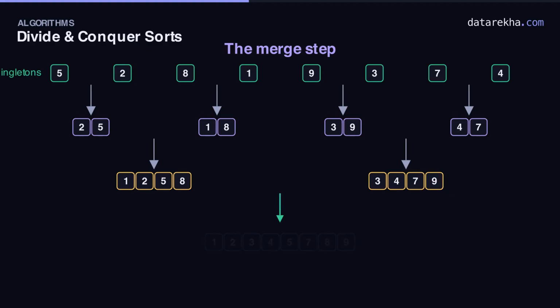And one last merge. The very zipper we just traced fuses the two 4s into the whole sorted array. 1, 2, 3, 4, 5, 7, 8, 9. That is merge sort, top to bottom and back up.